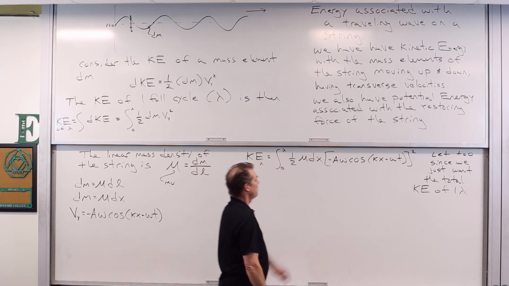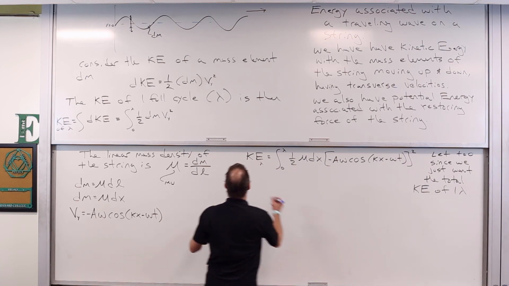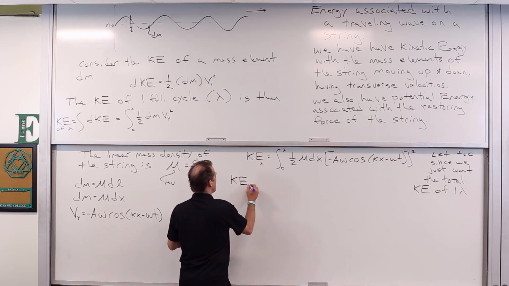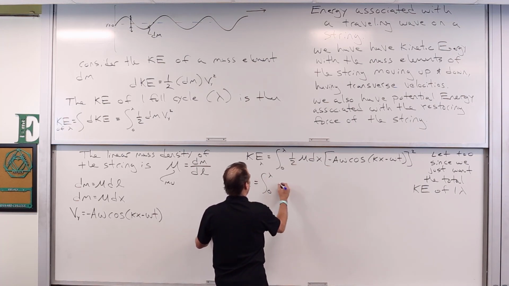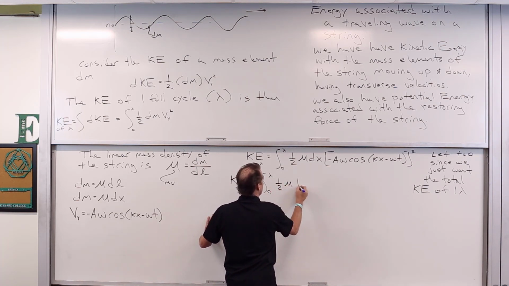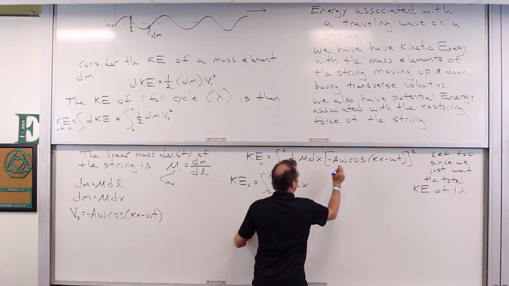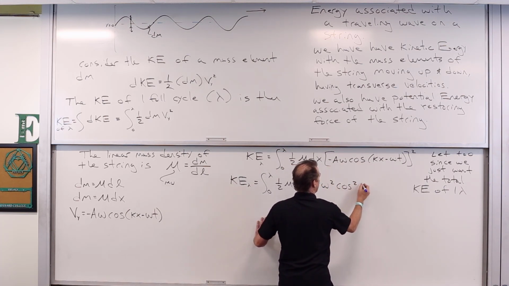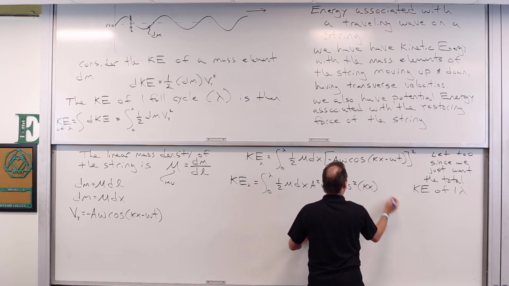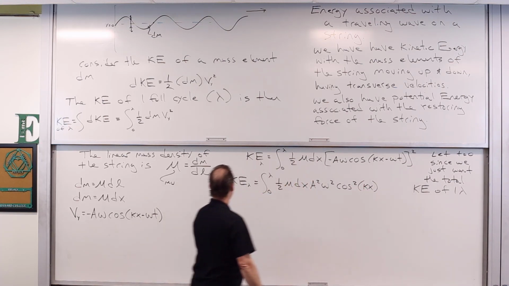That's the easiest thing to do. That term goes away, and what are we left with? We're left with Ke sub lambda is equal to the integral from 0 to lambda of 1/2 mu dx a squared omega squared cosine squared of kx.